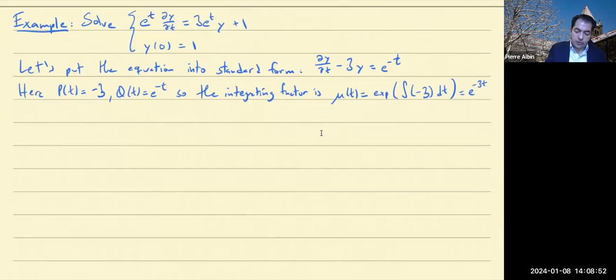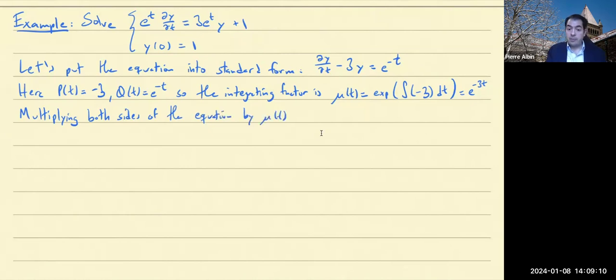Okay, so second step of the recipe, we multiply both sides of the equation by mu of t, and we get, okay, e to the minus 3t times the derivative of y with respect to t minus 3 times e to the minus 3t times y is equal to e to the minus 4t.